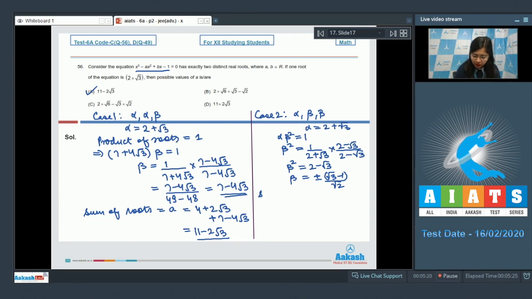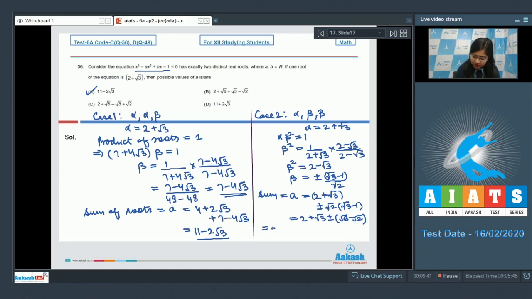So we need sum of roots, that is equal to a is equal to alpha plus 2 beta, that is 2 plus root 3 plus minus root 2 into root 3 minus 1, that is 2 plus root 3 plus minus root 6 minus root 2.